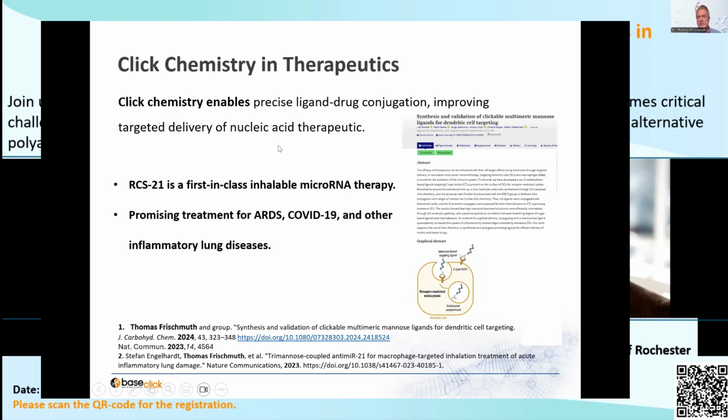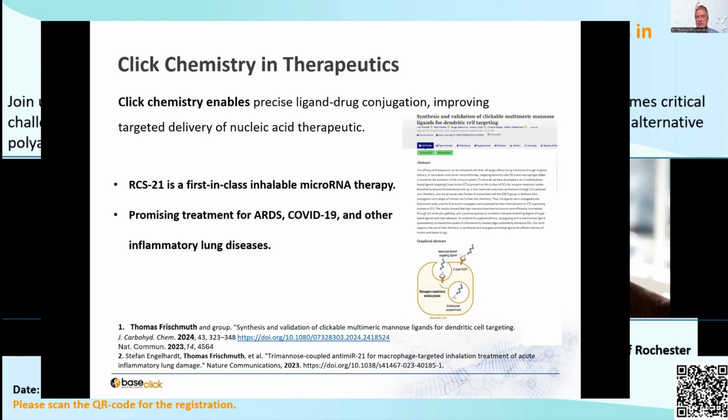Here, I just want to point out that this technology, especially in the last two, three, four years, was more or less also introduced into the therapeutic field. In particular, since 2017-18, we were able to conjugate oligomeric RNA with all kinds of different ligands.